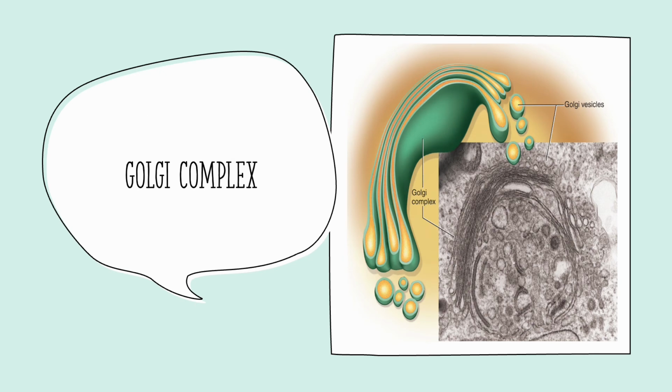So here's the Golgi complex. Here are the Golgi vesicles. It will make whatever it has to make. Once it receives whatever it needs to receive, whatever protein, from the rough endoplasmic reticulum, it makes it what it needs to be. And these are the vesicles.